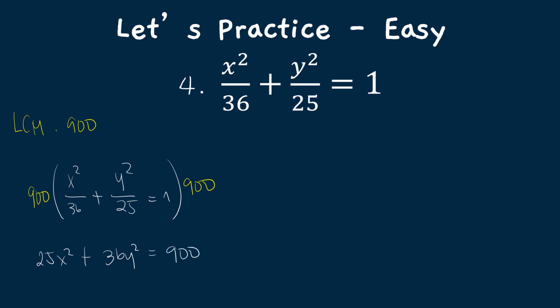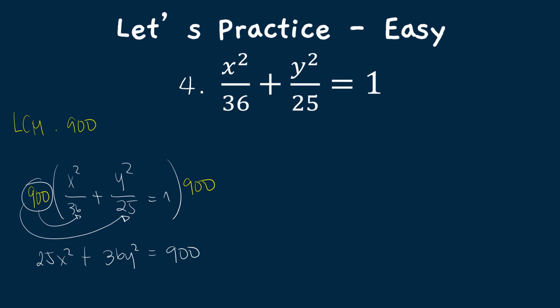Again, I get these numbers by dividing the LCD or the LCM by the denominators of your fraction. So don't be confused, saan ba nanggaling si 25, saan ba nanggaling si 36. It's just I divide this LCD 900 by the 36, and again divide this 900 by 25. And you will write it in front of your x squared and y squared.